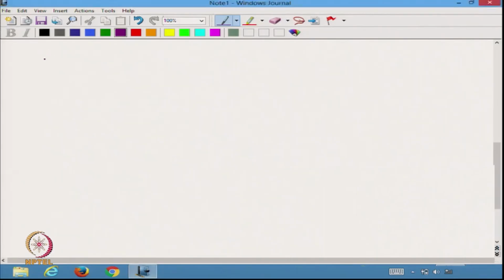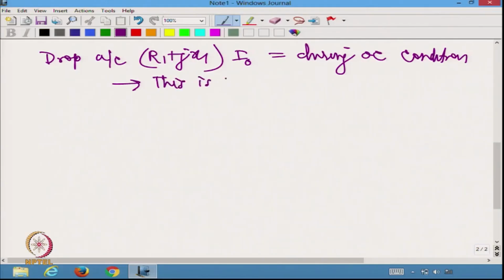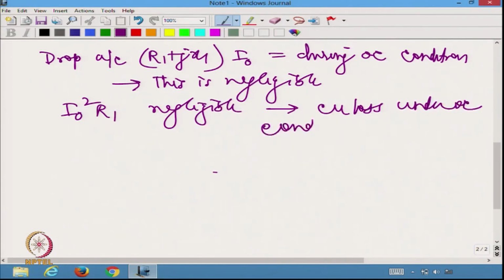I can say the drop across R1 plus jX1 multiplied by I naught during open circuit condition is negligible, and there is no current in the secondary side at all. So, I naught square R1 is negligible, and we would say copper loss under open circuit condition can be neglected.